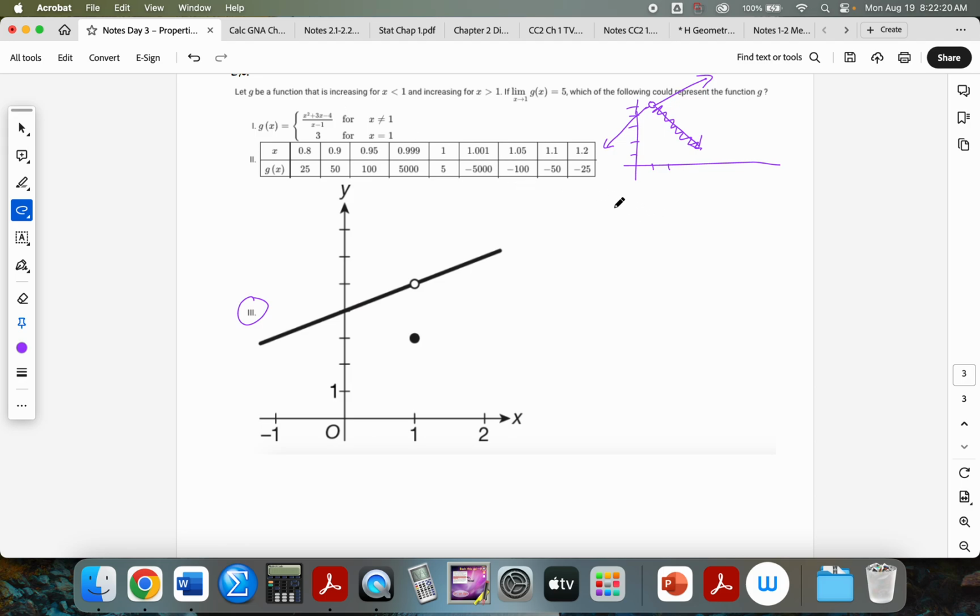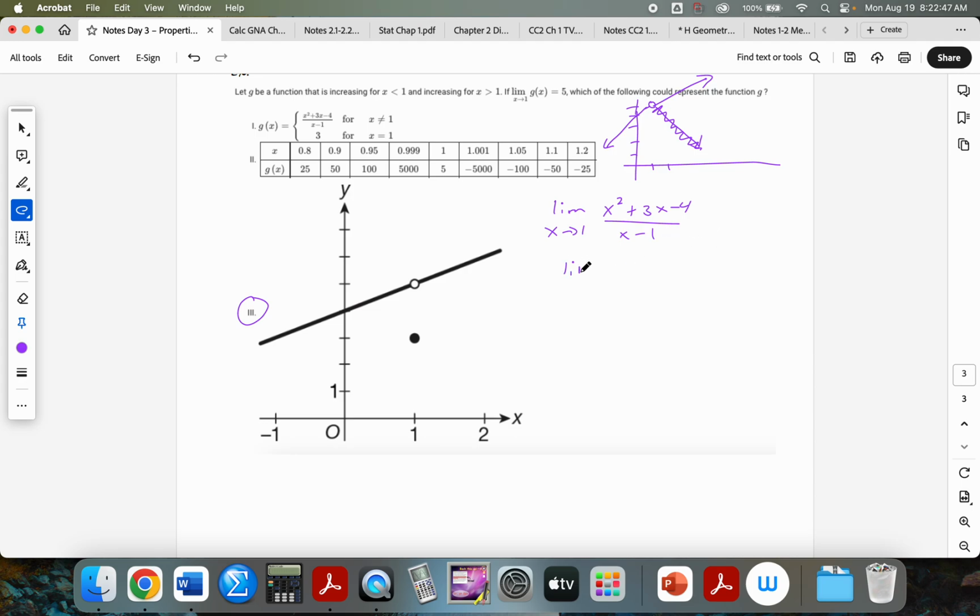So let's take a look and see if the limit is actually equal to 5. So if I take the limit as x approaches 1 of x squared plus 3x minus 4 over x minus 1. Because we don't care what happens at 1, we only care what happens near 1.